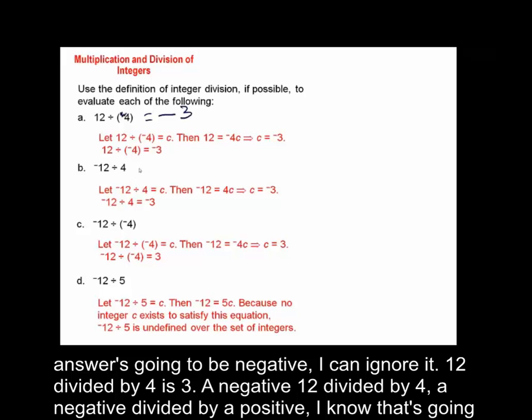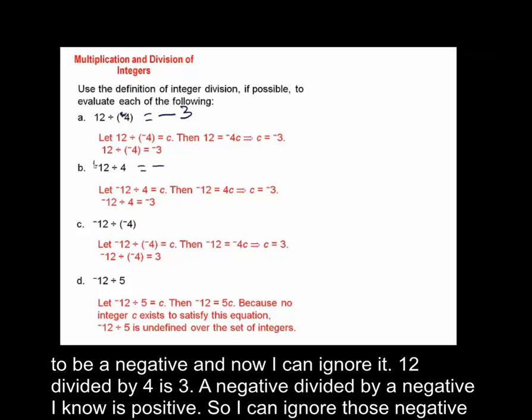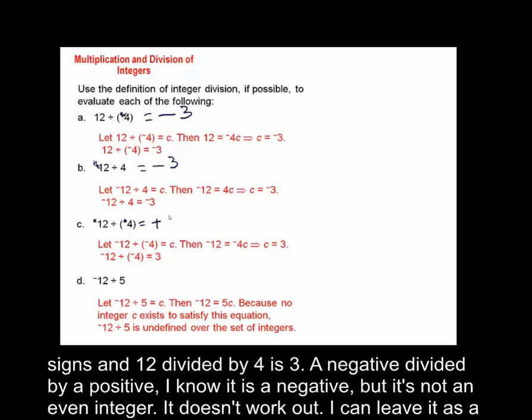Negative 12 divided by 4, a negative divided by a positive, I know that's going to be a negative, and now I can ignore it. 12 divided by 4 is 3. A negative divided by a negative, I know is positive, so now I can ignore those negative signs, and 12 divided by 4 is 3. A negative divided by a positive, I know is a negative, but it's not an even integer.